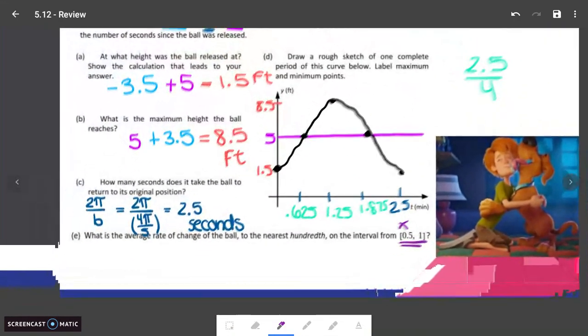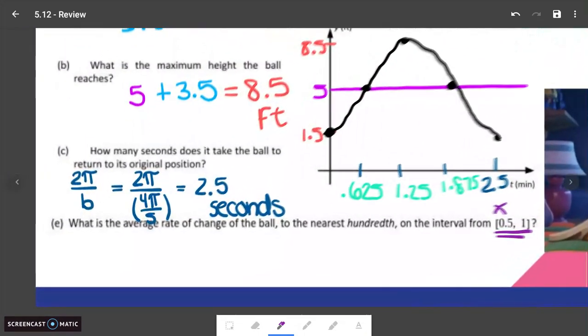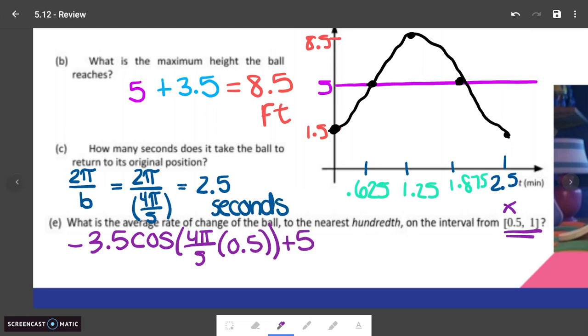So I would have you plug that in. So just like that, plug it right into your calculator and see what we get.